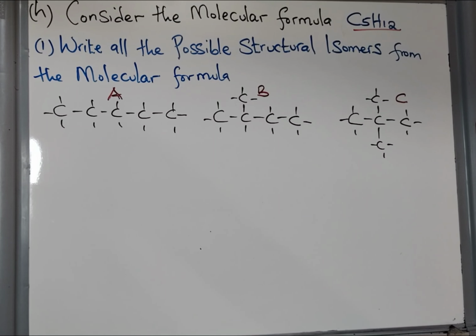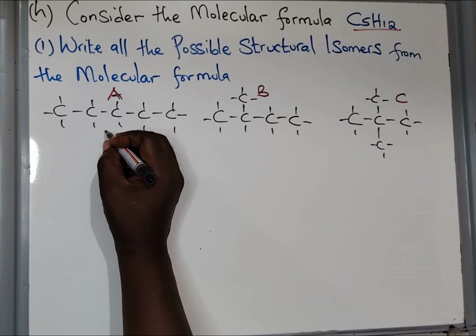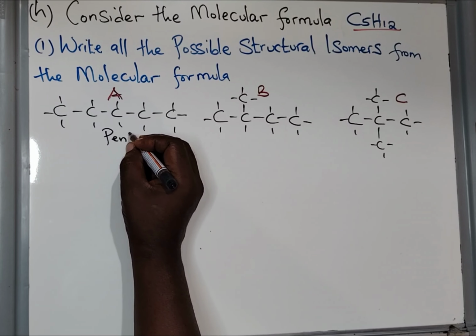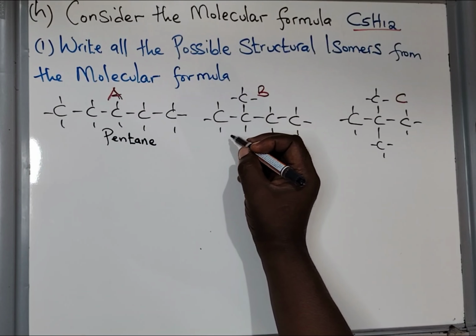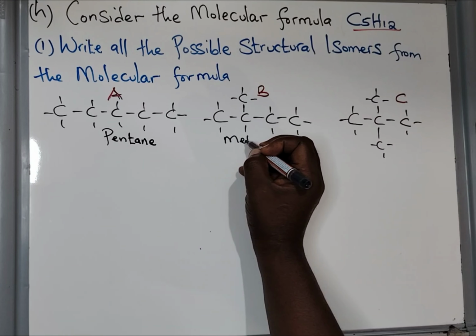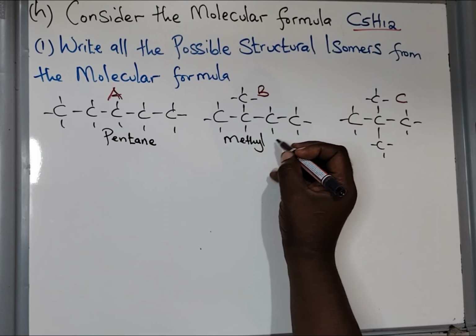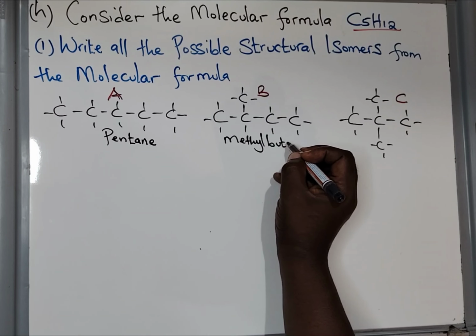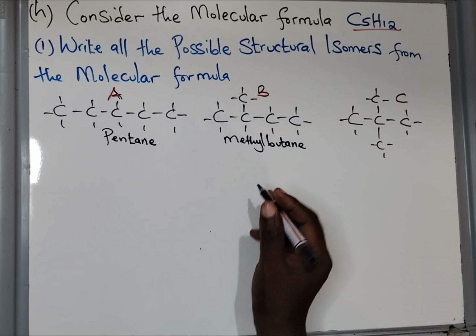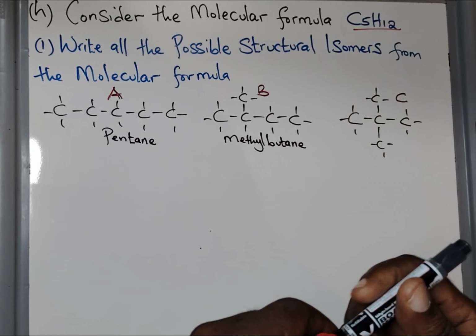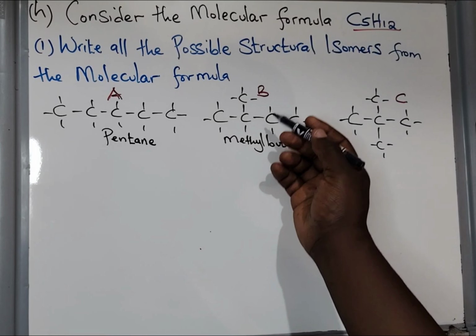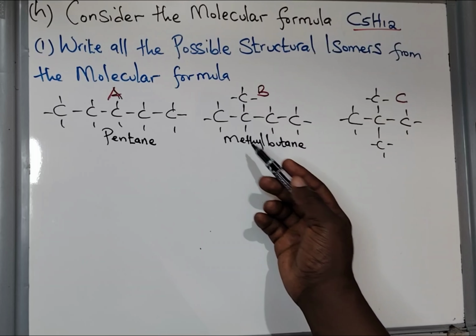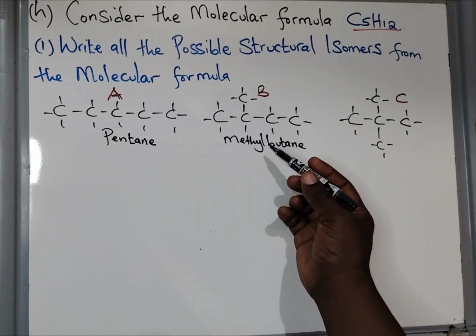Okay, if you want the name, then we can call this one pentane, normal pentane. This one is methylbutane. Remember, we can put 2, but like I said, you can ignore the position because there is only one possible position.